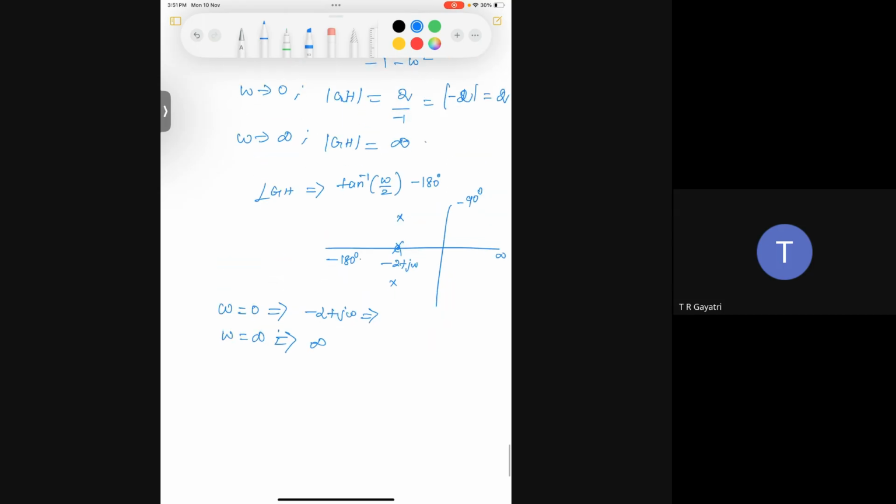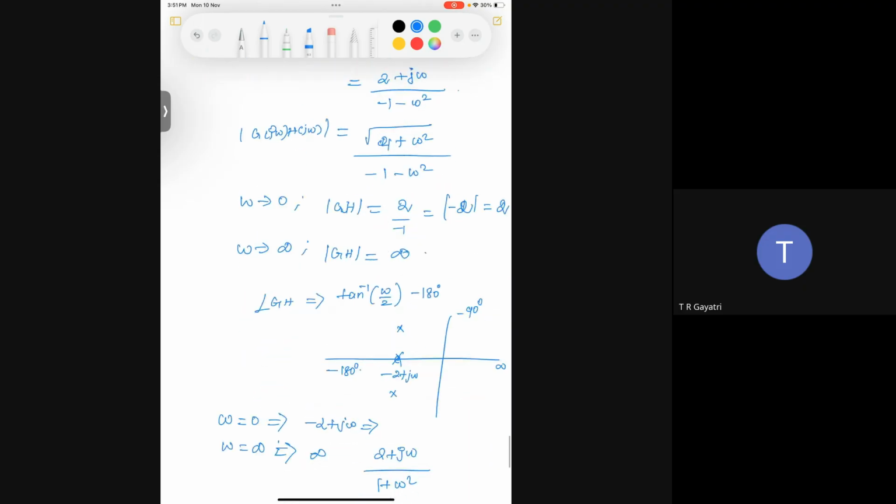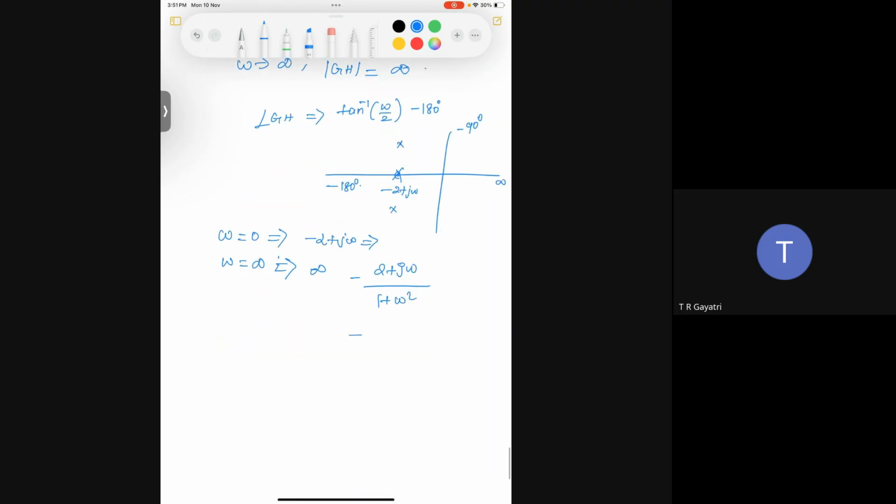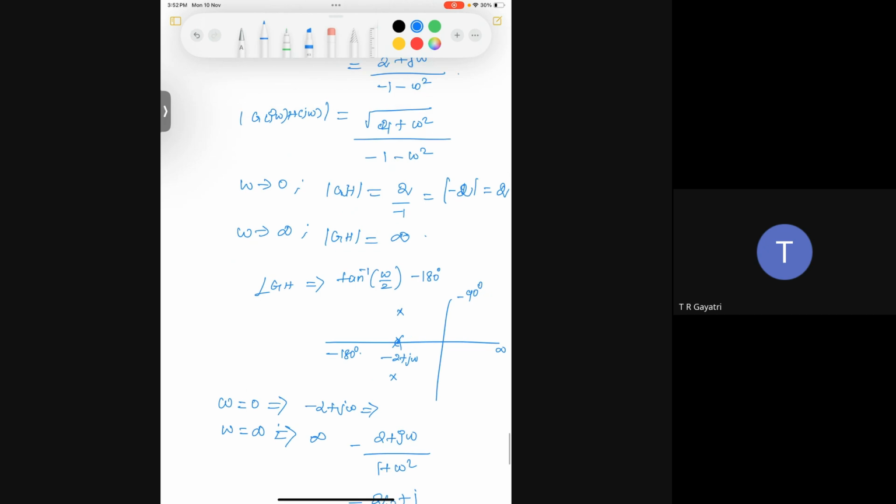This can be written as 2 plus j omega divided by 1 plus omega square. That's how we wrote minus of. So this can be written as plus j. And if I take omega commonly out, this will become omega plus 1 by omega. In order to take all these things, we can straight away write it will be only minus j.